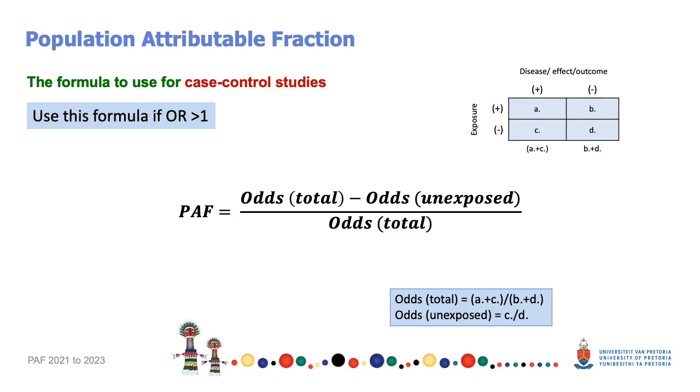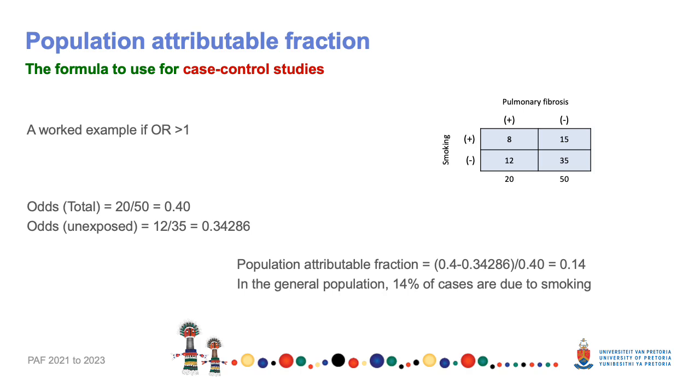The odds for the total means the odds of cases to non-cases for the total study sample is A plus C over B plus D, and the odds for the unexposed group is simply C over D. You can see that if you look up at the little table in the upper right-hand corner.